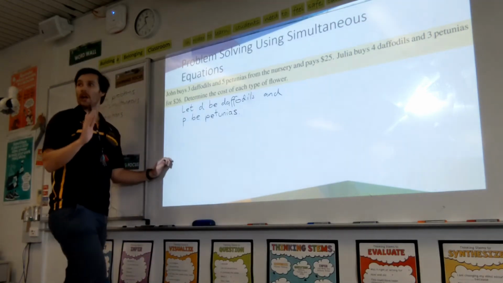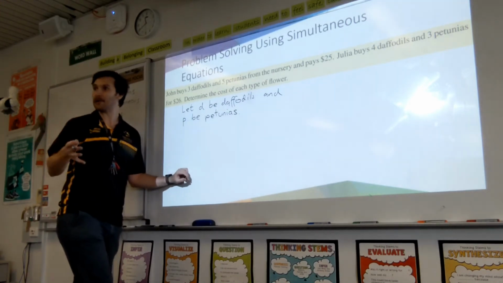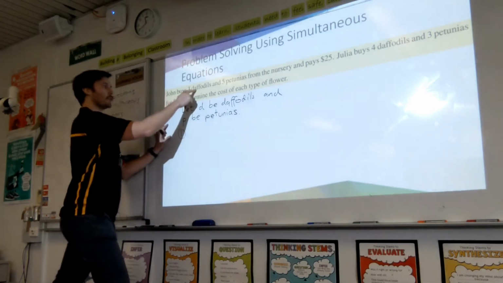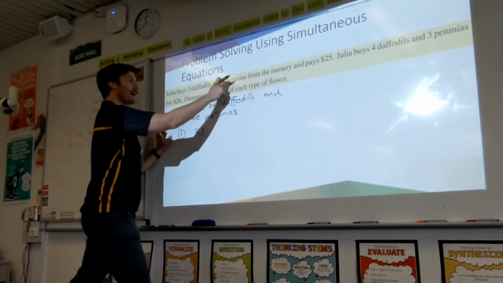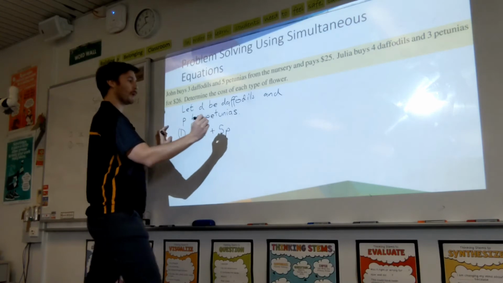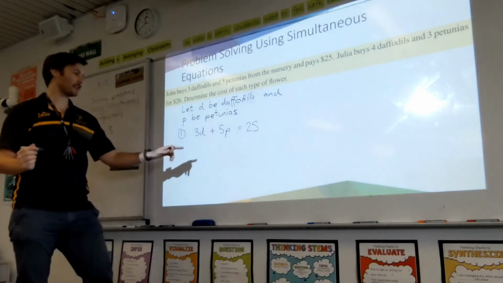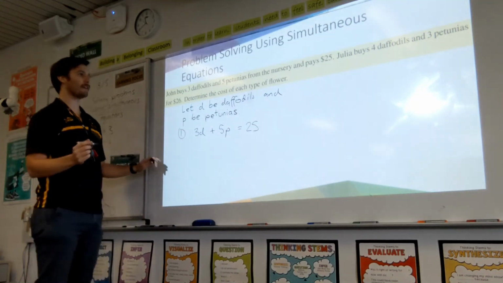Okay, now we write our expression down for each of those, and again, this comes from the information in the question. So we'll say equation 1: 3 daffodils, so 3 lots of D, 3D, and 5 petunias is equal to $25. So that's our first equation, 3D plus 5P is equal to 25.